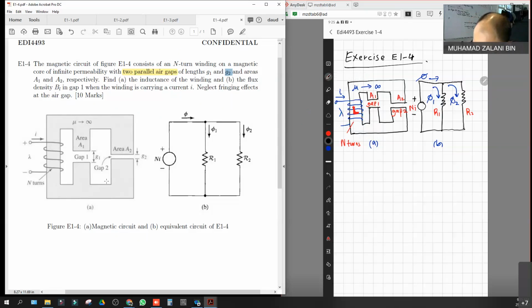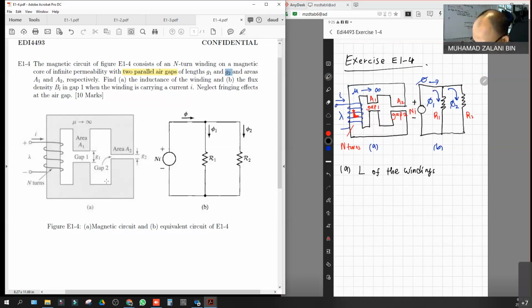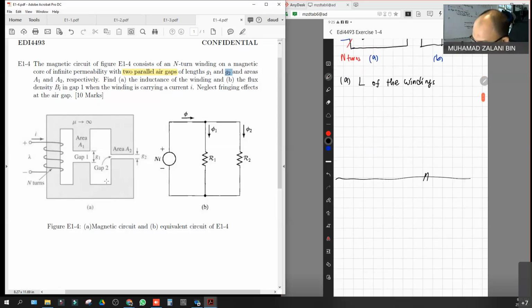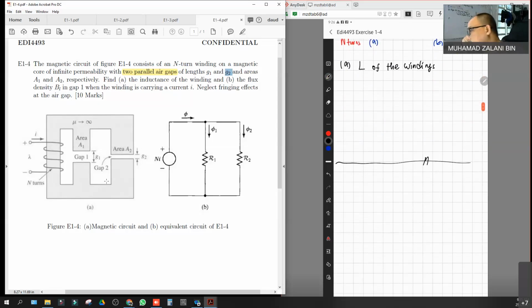So what is the inductance of the winding? L of the winding. So how to start?